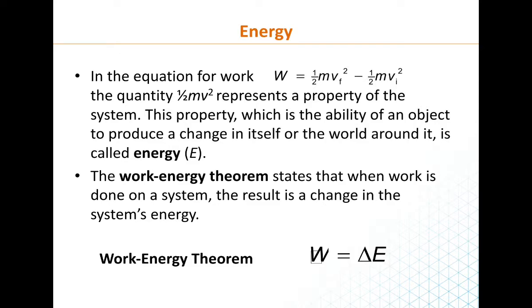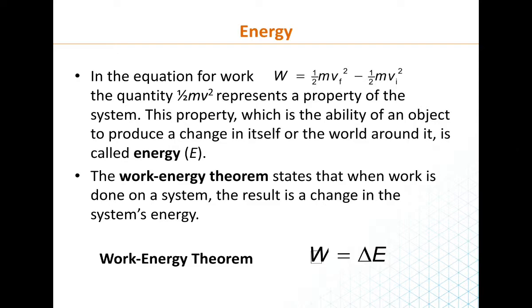In the equation for work, W equal to half mv final square minus half mv initial square, the quantity half mv square represents a property of the system.